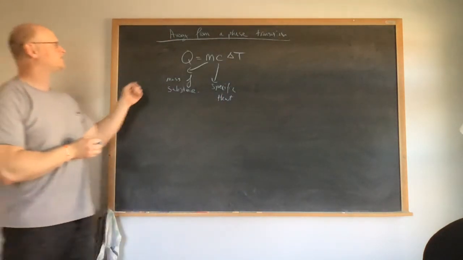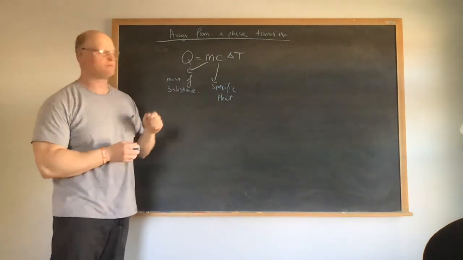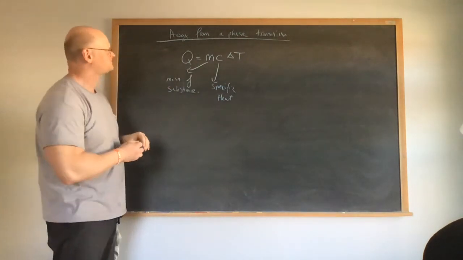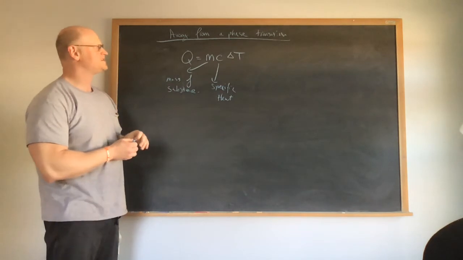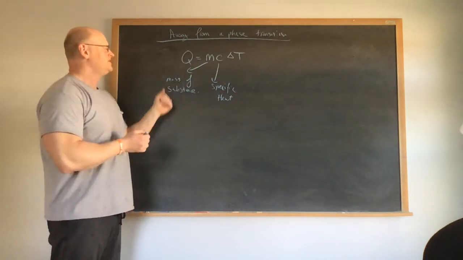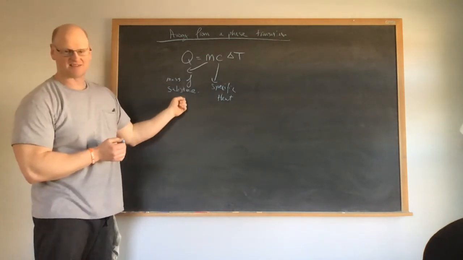So this is the relationship between the heat and the change in temperature for when I'm away from some sort of phase transition. So again, m here is simply the mass of the substance.